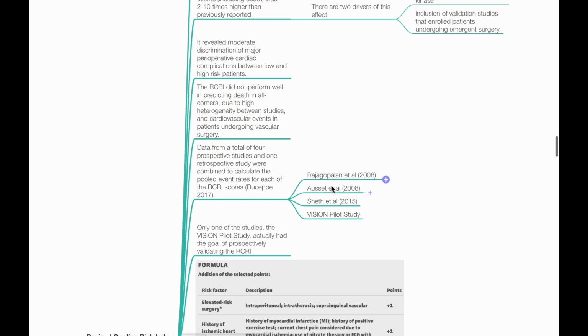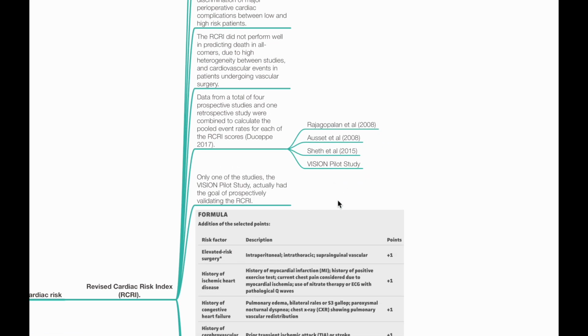Data from 4 prospective studies and 1 retrospective study were combined to calculate pooled event rates for each of the RCRI scores in a study by Gupta 2017.